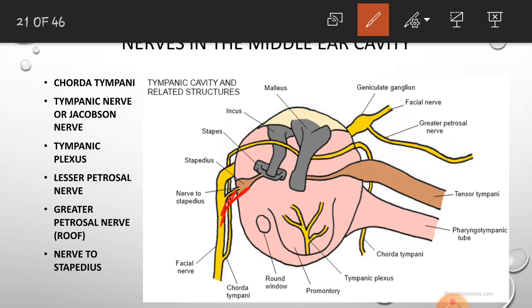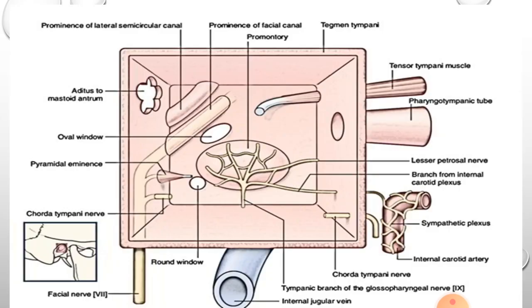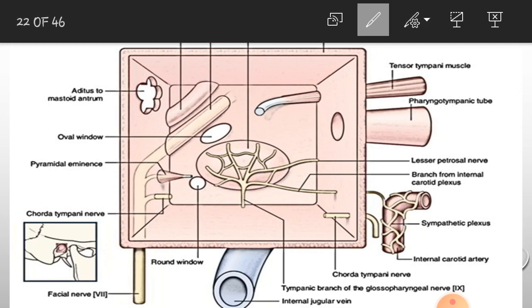So these are the nerves in the middle ear cavity, which are the chorda tympani nerve, a branch of the facial nerve, the tympanic nerve of Jacobson, the tympanic plexus, the lesser petrosal nerve, the greater petrosal nerve, and the nerve to stapedius.